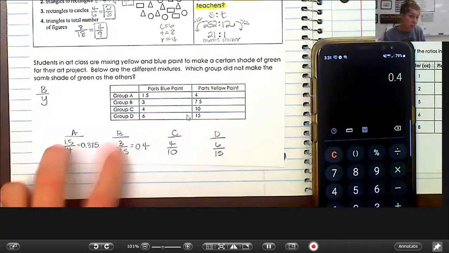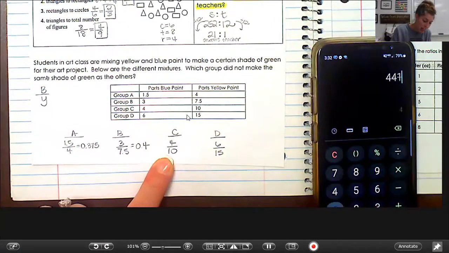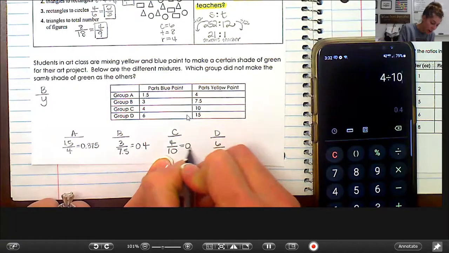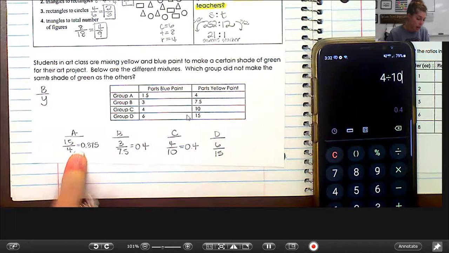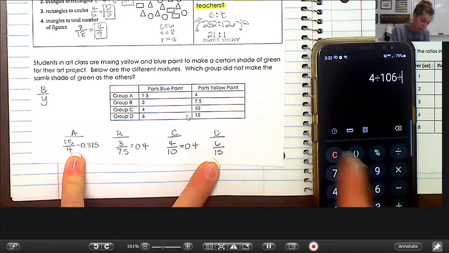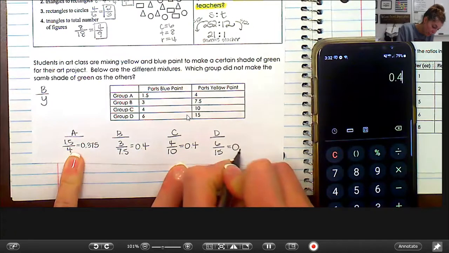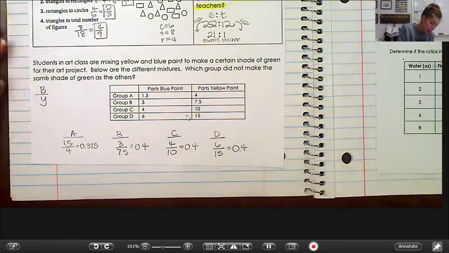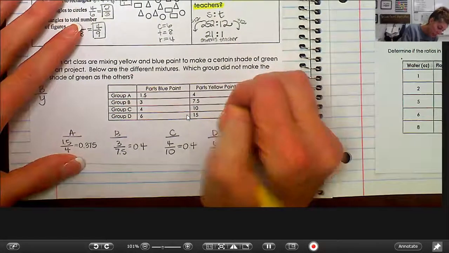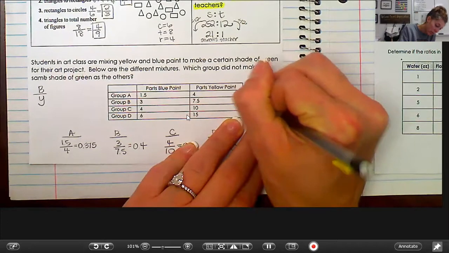Interesting. So maybe one of these is my answer, right? 4 divided by 10, I can see ahead of the game that that is 0.4. So I'm guessing this one is the odd man out. Let's test 6 divided by 15. 0.4. Awesome. So I know that group A did not make the same shade.